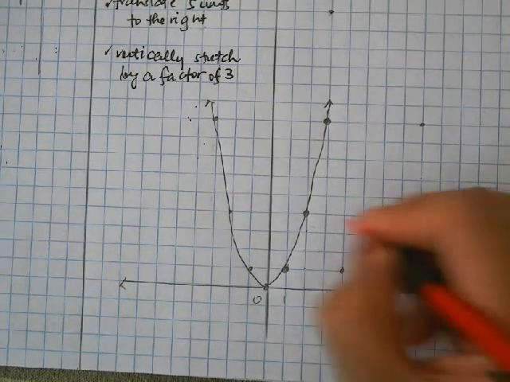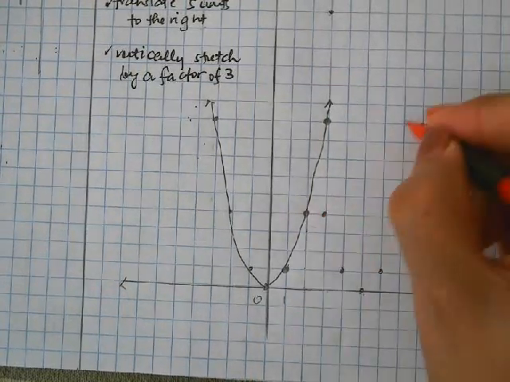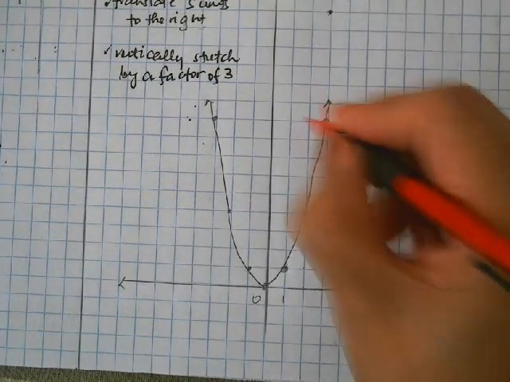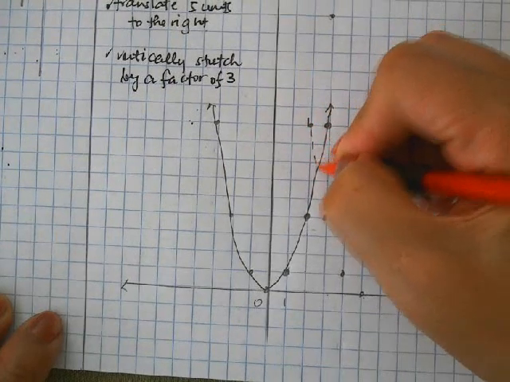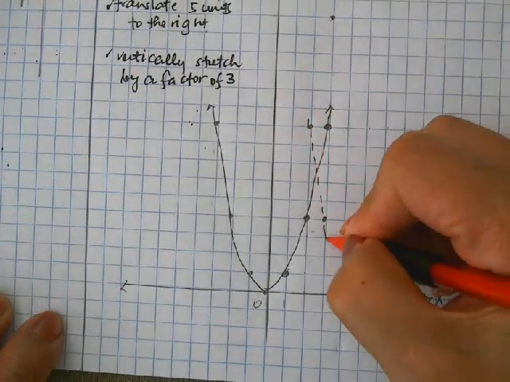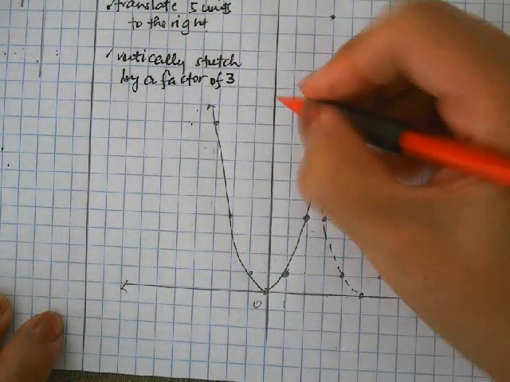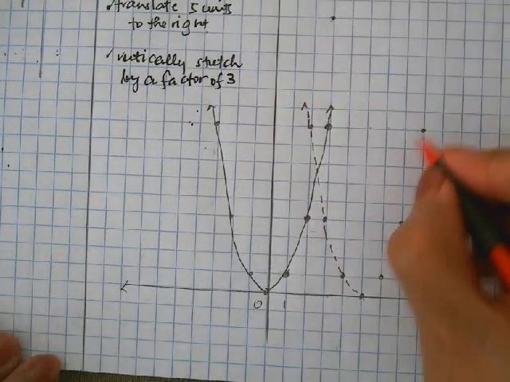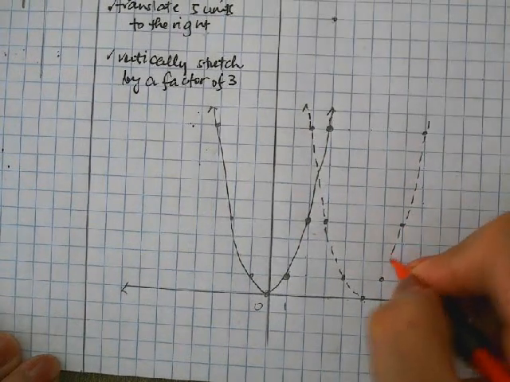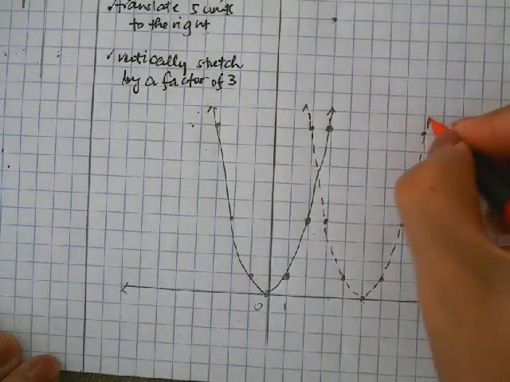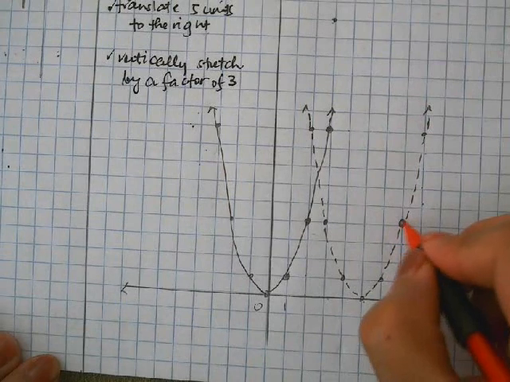Whatever is easier for you. 1 2 3, 1 2 3. Okay, so this is now my parent graph. Then we use dashes here. It should be symmetrical. It should look like your parent graph. You just translated it 5 units to the right. So these are now our points.